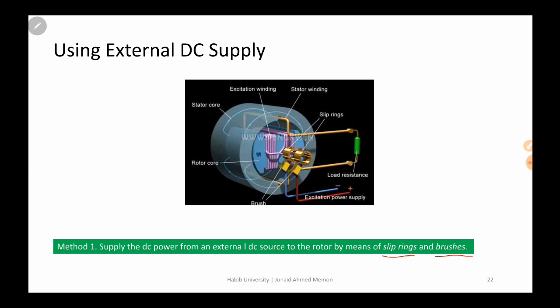That's practical for some machines, but not for those where we do not want interruption due to maintenance. So in such cases we need to look for another method to energize the field windings of the generator.